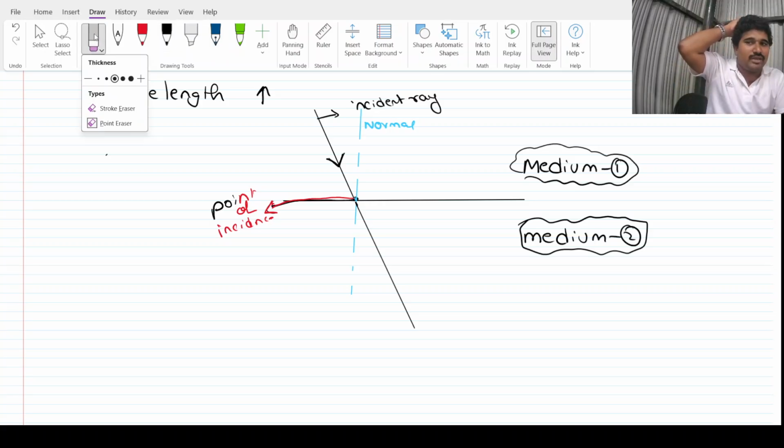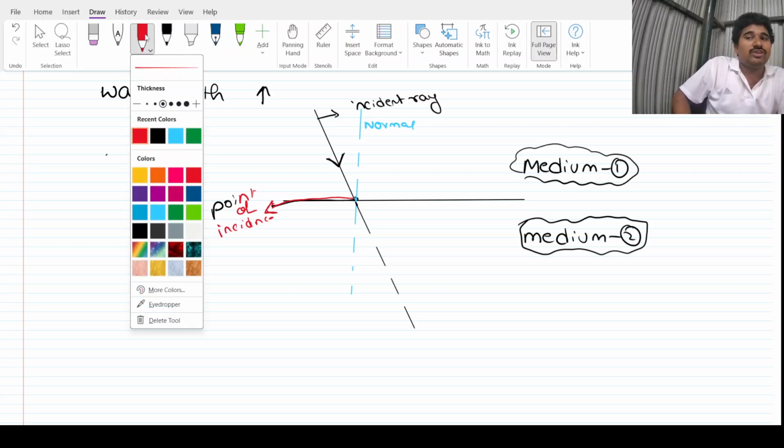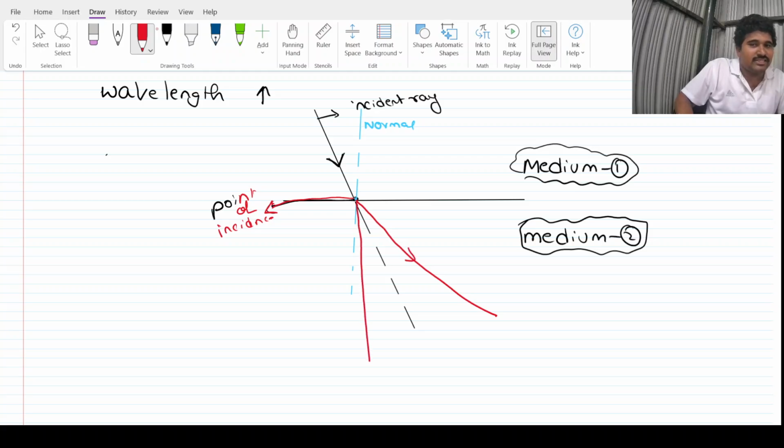Clear? If there is no other medium, it should go straight up. Why is it not going like that? It should go this way, but it is not going to follow this path. It will deviate from its path. The deviation may be this way, or the deviation may be this way.